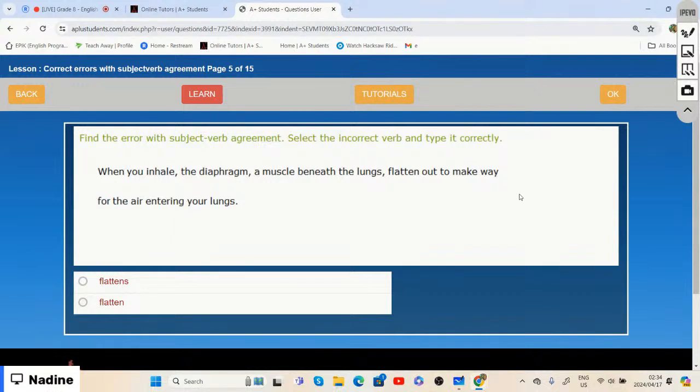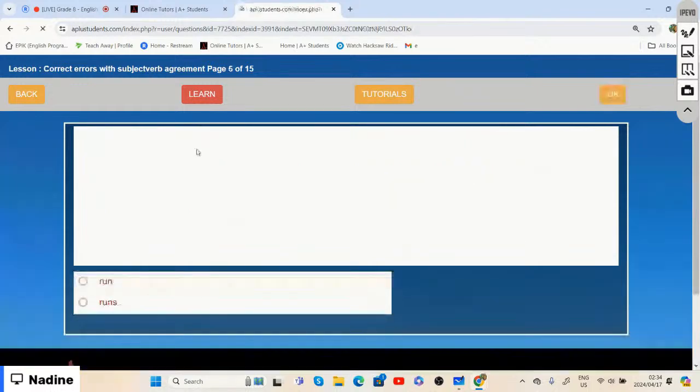All right, so we can say, when you inhale, the diaphragm, a muscle beneath the lungs, flattens out to make way for the air entering your lungs, right?